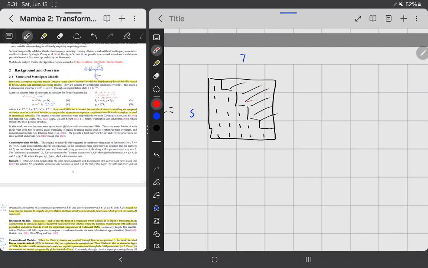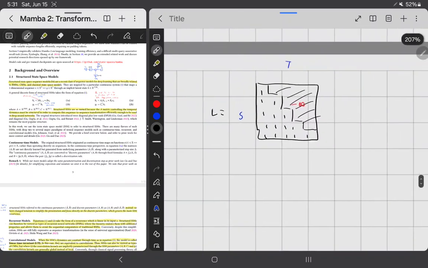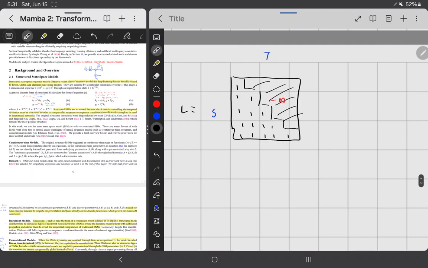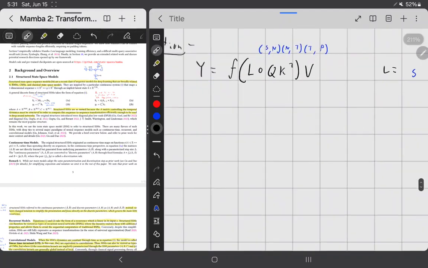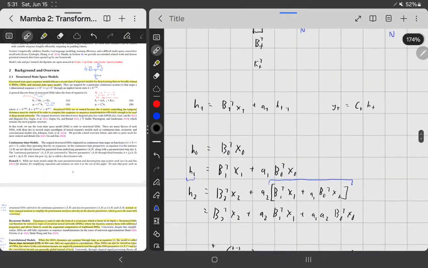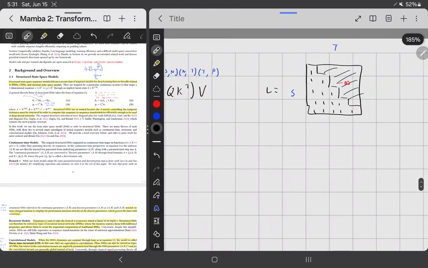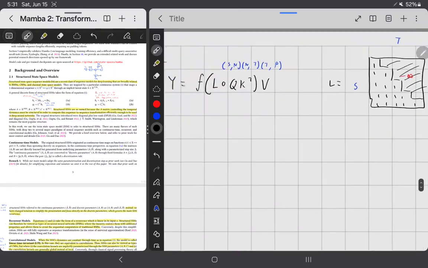Or this can be negative infinity, and the rest zeros, depending on if you use an additive or a multiplicative mask, however you want to do it. But if we're multiplying by it, then this will be all ones. So this is ones and zeros, or ones and negative infinities.